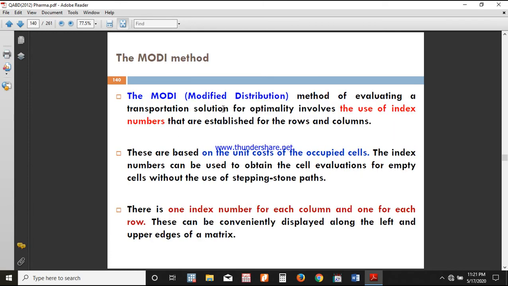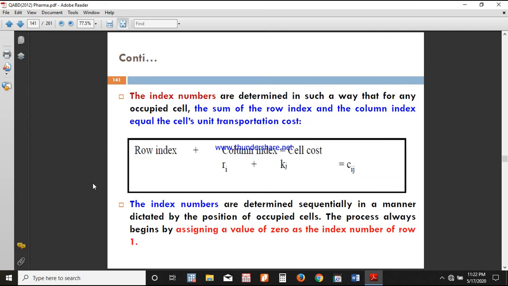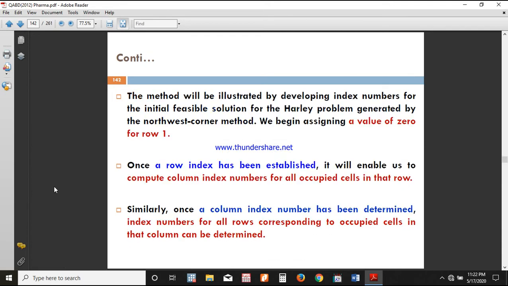The other one is the MODI distribution, or the use of index method. A similar result will appear here. First, to find the cell cost, you can use this row index plus column index, which is equal to the cell cost. The index numbers are determined sequentially in a manner dictated by the position of occupied cells. The process always begins by assigning a value of 0 as the index number of row 1.